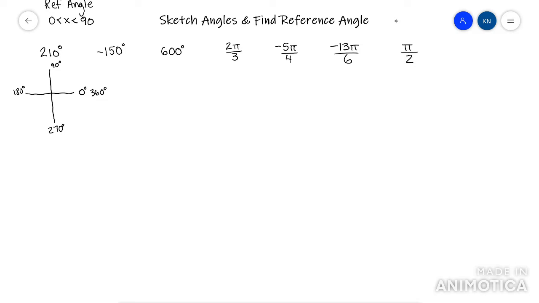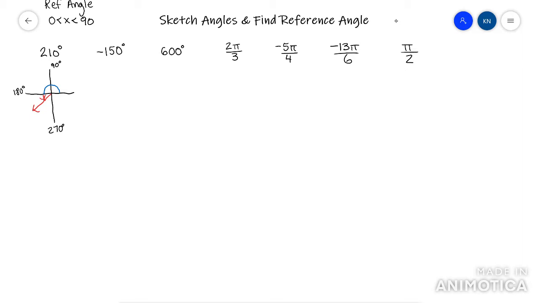So that's also very important to keep in mind. If I had to sketch 210 degrees, I would go all the way to 180, and then it's 30 degrees more past 180. So this is where I end up, and I put the arrow for my direction of rotation.